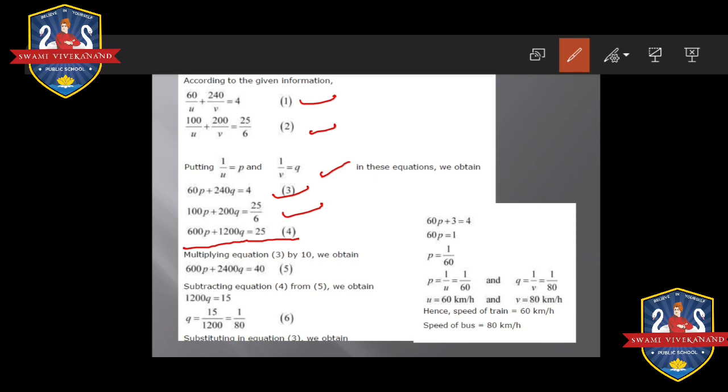We multiply equation number 3 by 10, and on subtracting we get q is equal to 1 upon 80. When we put the value of q in equation number 3, we get p is equal to 1 upon 60. Now p is equal to 1 by u is equal to 1 by 60. Therefore u is equal to 60 kilometers per hour and v is equal to 80 kilometers per hour. It means that the speed of the train is 60 kilometers per hour and the speed of the bus is 80 kilometers per hour.